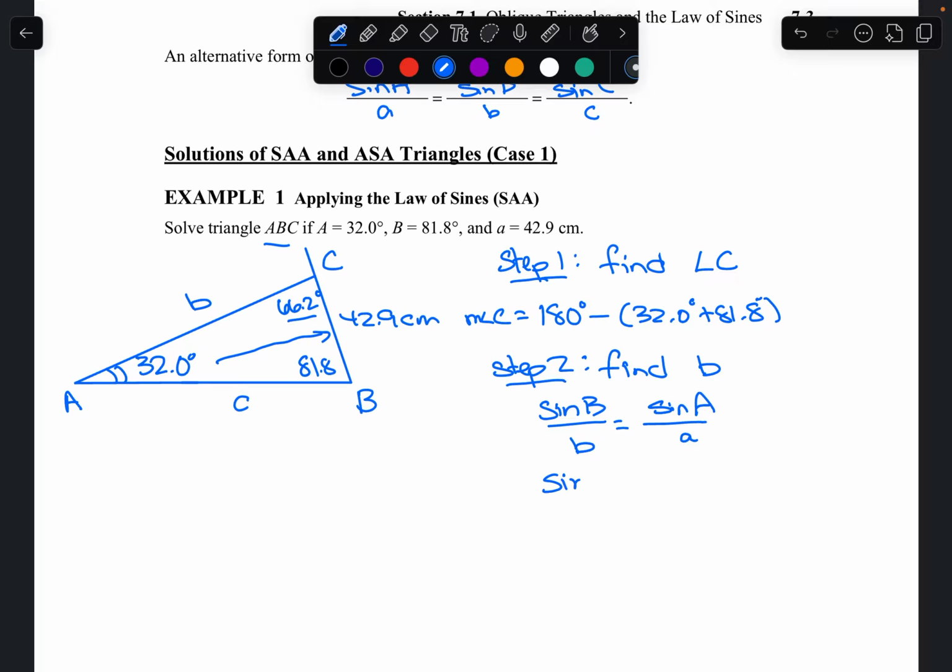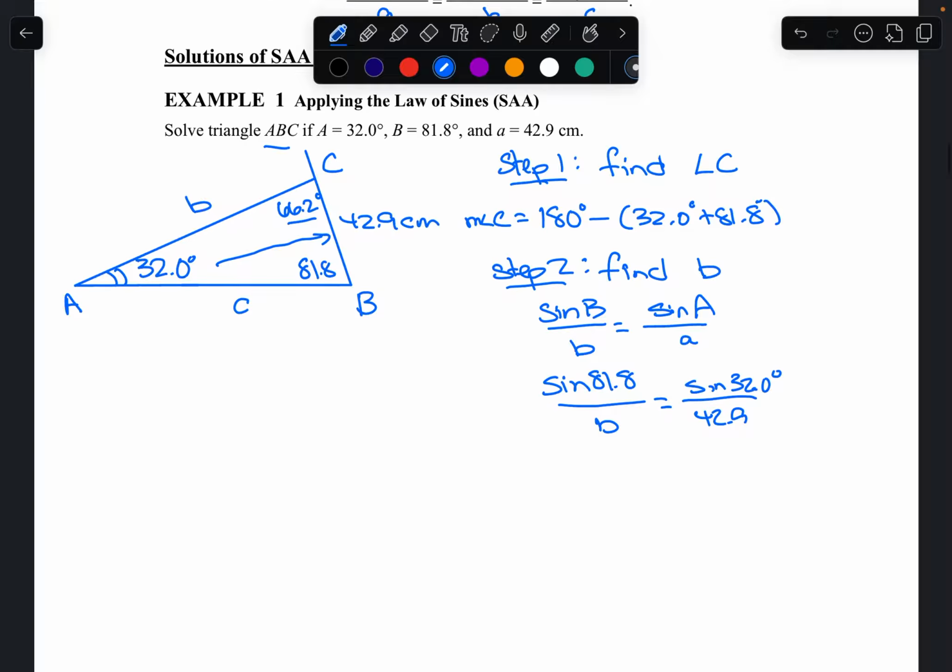So if we put this in here, sine of 81.8 over the unknown side length of B is the sine of 32 degrees over its opposite side, 42.9. From here, it's a proportion. Now, my advice when you do this, don't round anything, put this all in your calculator.